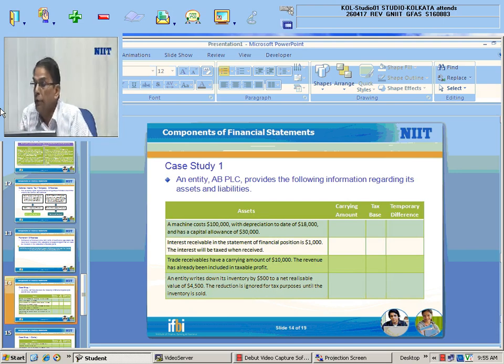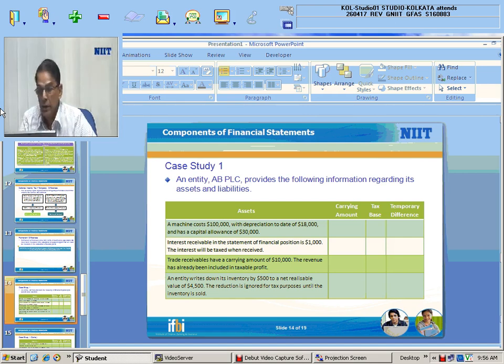Now the entity found maybe there is an impairment of the inventory, so the value of the inventory should be written down. So they wrote down the inventory by $500, from 5,000 to 4,500. So a write down expense was incurred. So the carrying amount of this inventory in the balance sheet is how much? 4,500.